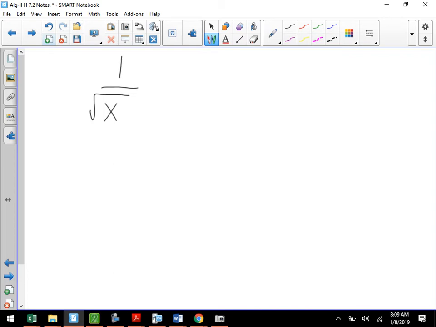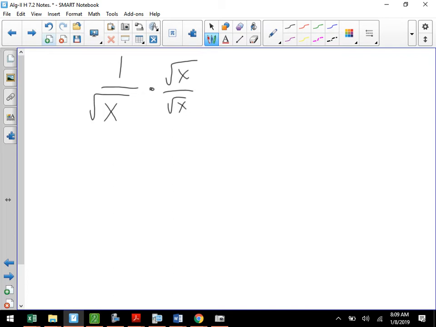What would you do to rationalize that? Top and bottom. Okay, cool. So what you always did was multiply by basically a factor of 1, isn't it? No matter what, a number or a variable, we always multiplied by the same thing over itself because it was just 1. We were just changing the shape of it.